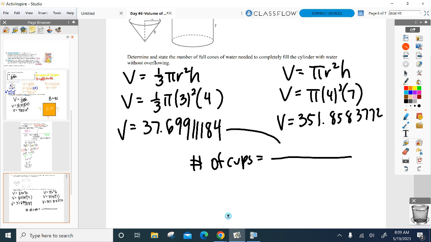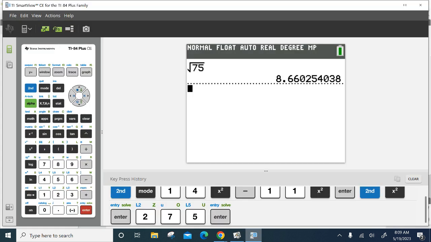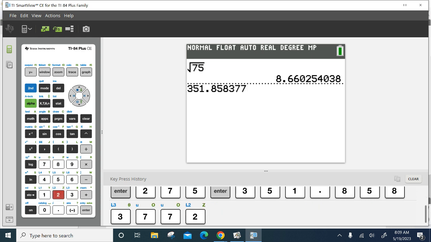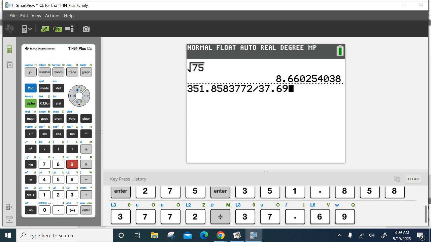I'm going to take the volume of the cylinder, divide by the cone, and let's do that up here. 351.858 divided by 37.699.